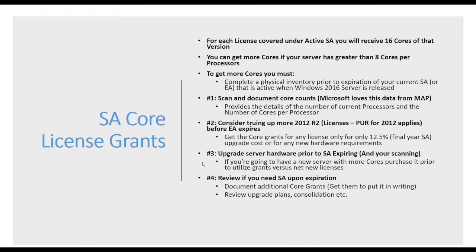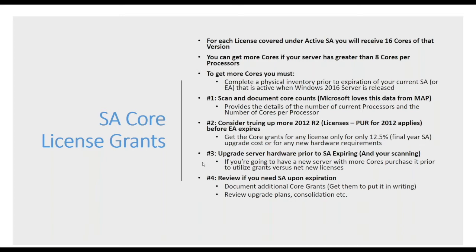So I'm just going to skip over that slide. Okay, so I'm going to talk a little bit about SA core license grants. Basically, for every Windows Server processor license that I have under SA, Microsoft is giving me 16 cores. Each of those is a 2 processor license. They give us 8 cores per processor, so they're going to give us 16 cores, or 8 licenses, for every one.